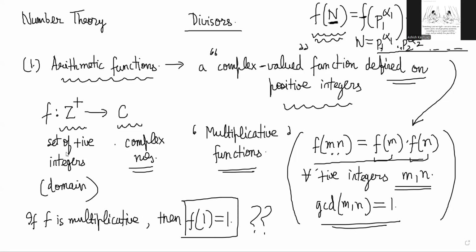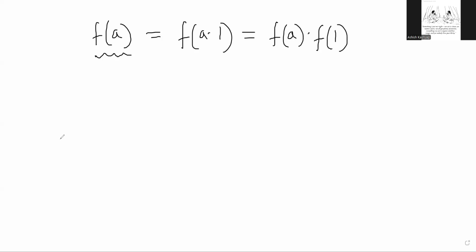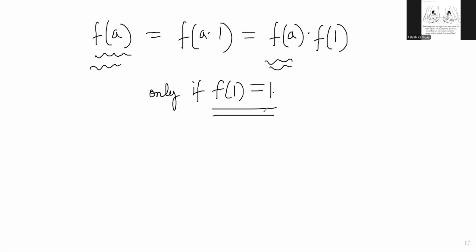Because whenever you do f of a, and suppose f of a is not equal to 0, then you can write it as f of a into 1. And because it is multiplicative, it will become f of a times f of 1, right? And if f of a is not equal to 0, this equality is true only if f of 1 is 1. Correct?